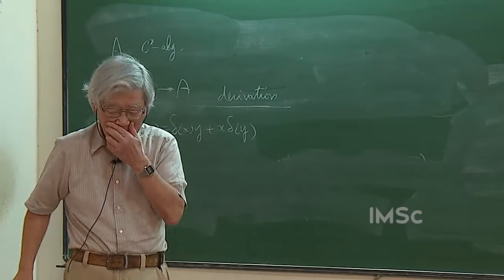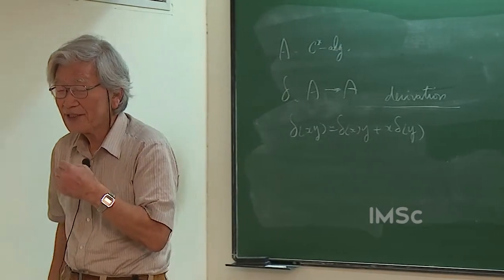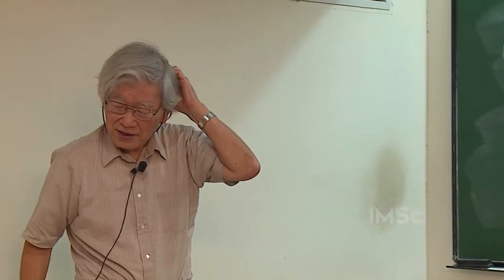Derivations were first studied by Kaplansky. I learned through Dick Kadison that Kaplansky raised a question about derivations on C-star algebras. And Ed Effros in the Chicago group very quickly showed that there is no derivation on commutative C-star algebras.